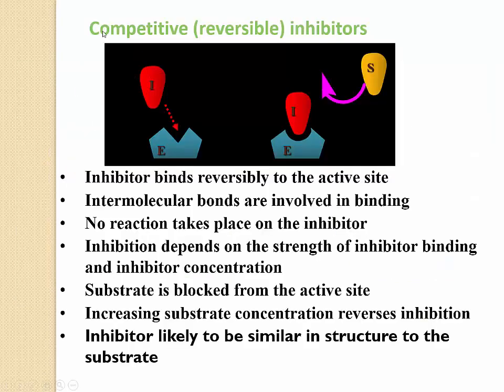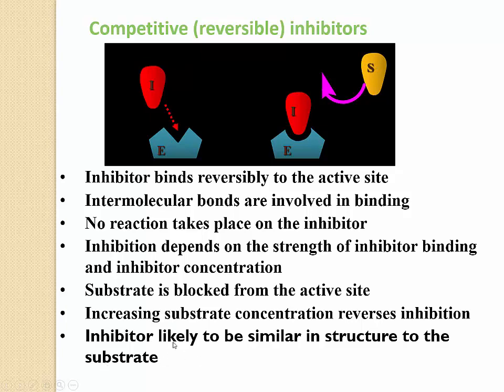Well, going forward a little bit, the inhibitor binds reversibly, so it can be spit out. There are intermolecular bonds, standard hydrogen bonds, electrostatics, all that. No reaction. And the inhibition depends on the strength of inhibitor binding and inhibitor concentration. Substrate cannot bind. Increasing substrate concentration will reverse this inhibition because the substrate will outcompete.